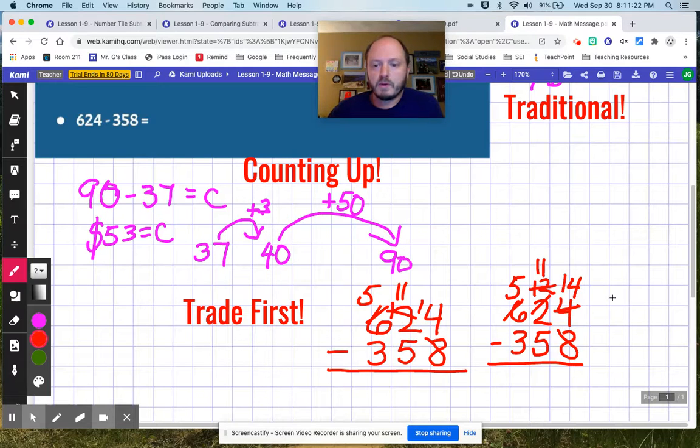And after regrouping, a way to check if we did it right is by actually adding up what's in each place value. So for example, this 14 and this 11 and this 5, if we added up the values of each of these, we should get back to our original number.